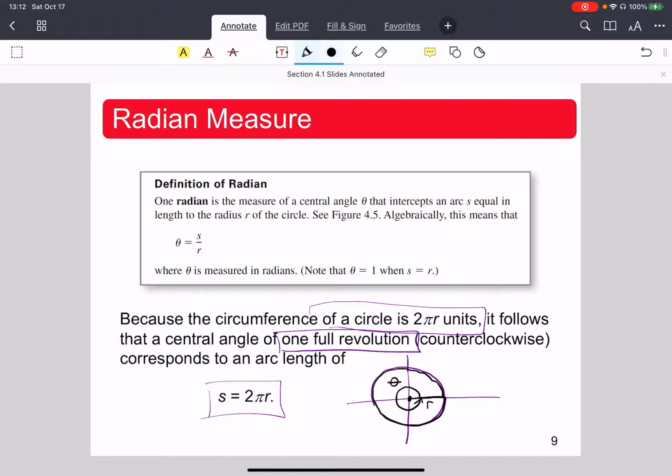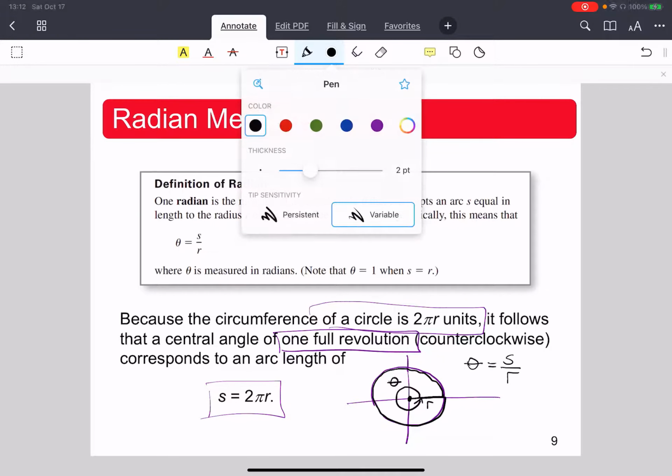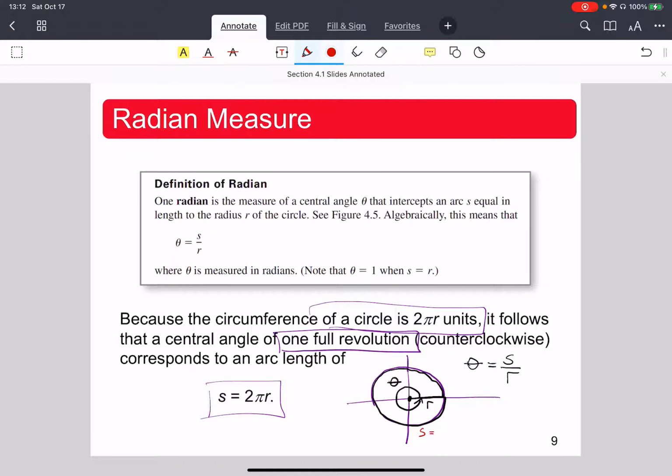So if I do one full rotation, then the measure of this theta is going to be S over R. You guys realize S is the arc length, and the arc length S is 2 pi r, because the length of this whole thing is 2 pi r. So we're going to do 2 pi r, because that would be the corresponding arc length since I did one full rotation.